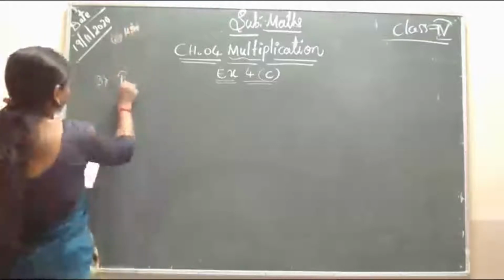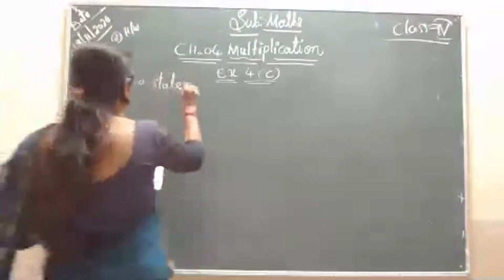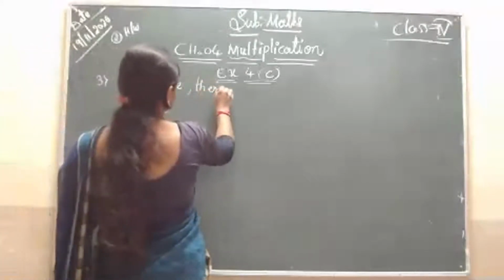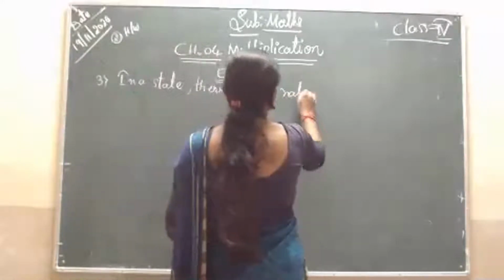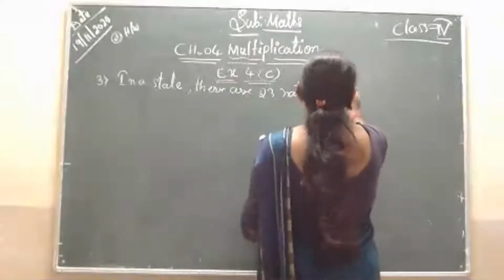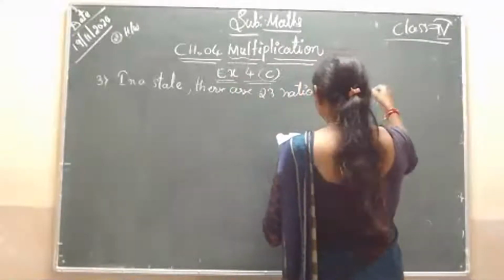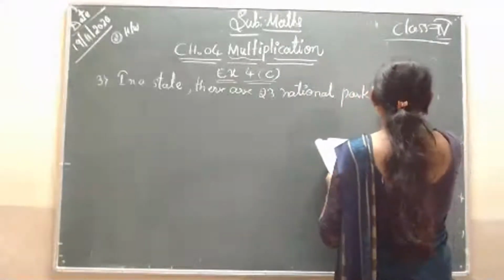Okay, so in a state, there are 23 national parks. So in each, students, the next statement is very important.